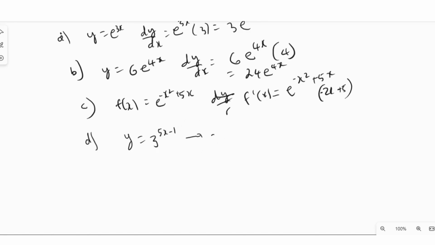Then dy/dx is: I have the same 3 to the power 5x minus 1, times the derivative of the exponent, times ln of 3. So I write as it is. I write ln 3. I can write ln 3 first or the derivative first, doesn't matter. The derivative of 5x minus 1 is 5, so 5 ln 3.